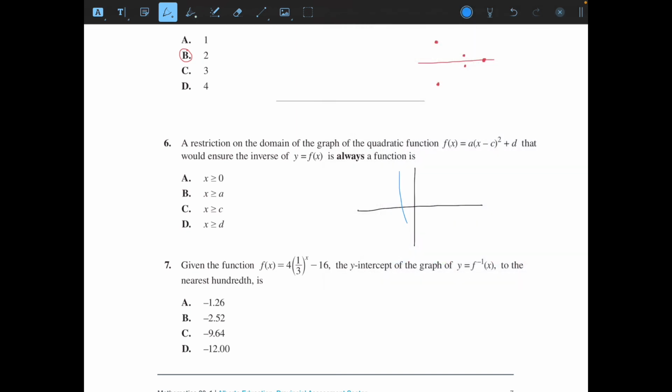So, whatever, that's my quadratic function. And what we want to know, we want to make sure that the inverse is always a function. Now, what does that mean? It just means that, when we inverse this, it's going to look something like this.